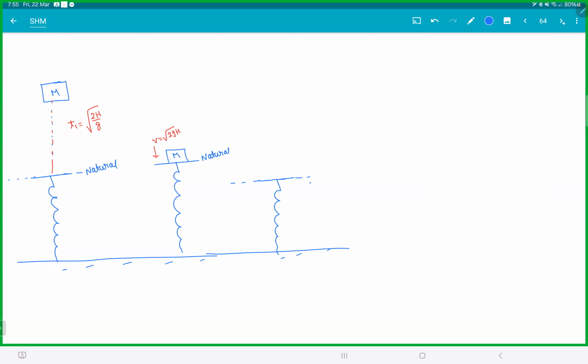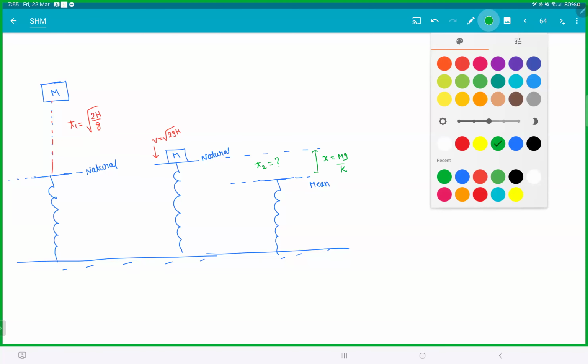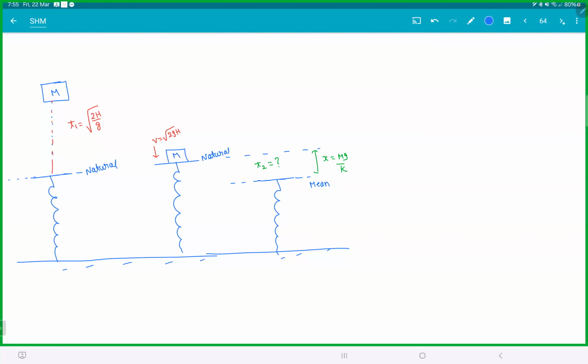At this position is your mean position, where this length will be x is equal to mg by k. So from here to here, the time will be t2, which I don't know. Then the block will continue to go further and finally stop.